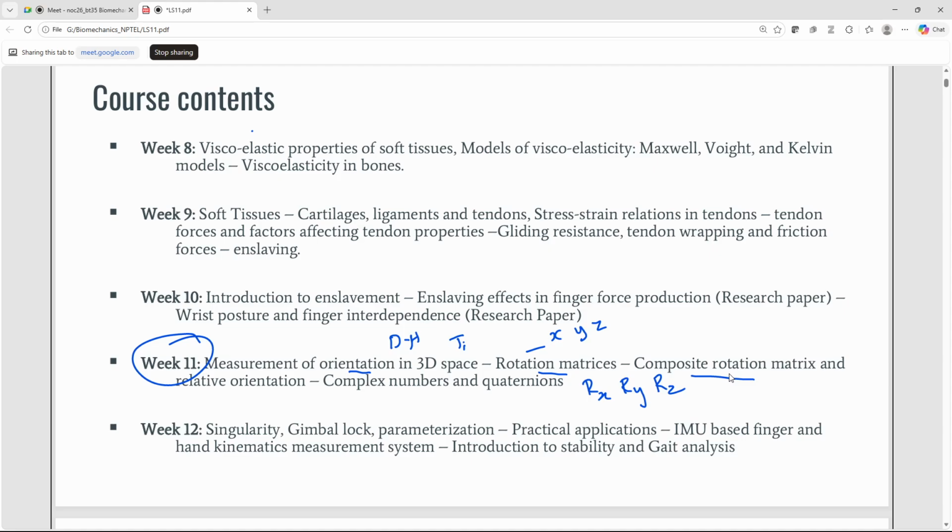We have also discussed quaternions, which are more relevant in spatial orientation as well as in robotics. That has also been covered in week 11 of our course. So let's move on and check the questions.